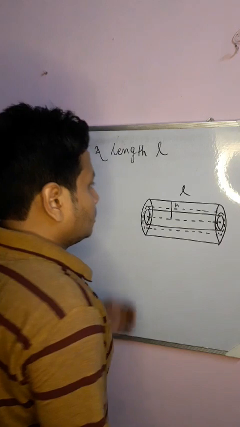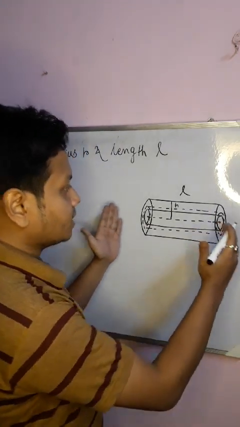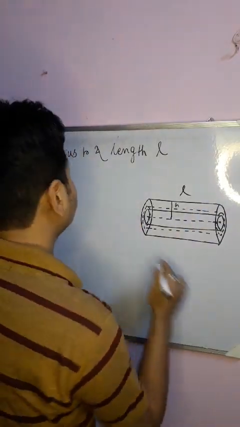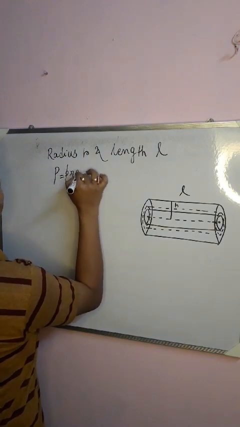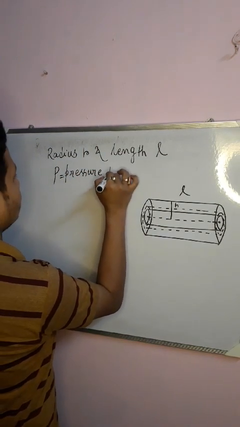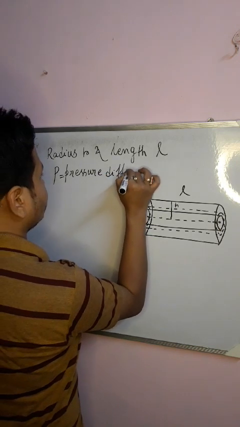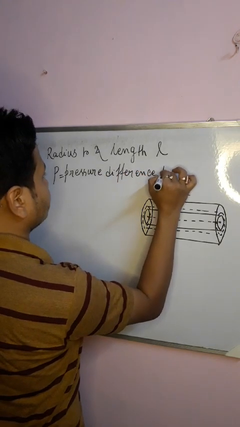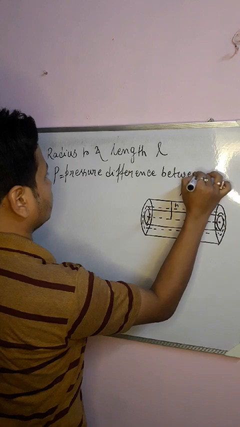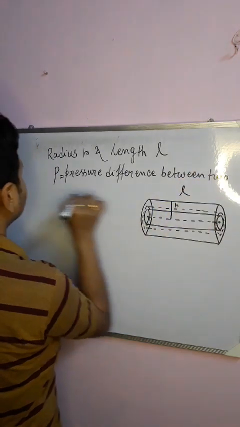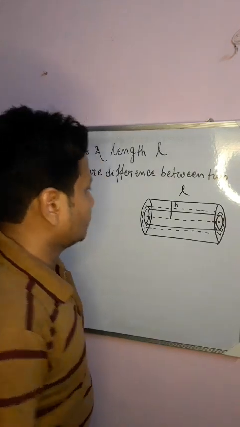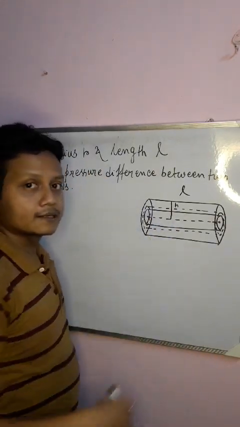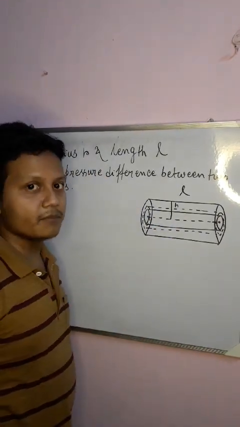Now suppose that the pressure difference between the two ends of the cylinder is P. Here we draw two coaxial cylinders inside the main cylinder.